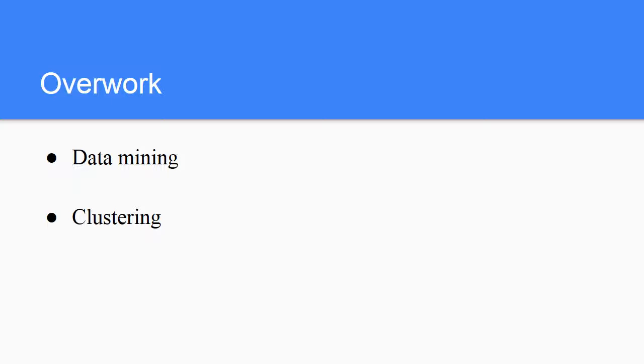And we will use clustering for this project. Clustering is one area of data mining, and there are many algorithms in this area like K-means, DBScan, and EM. We will use K-means and EM for this project.